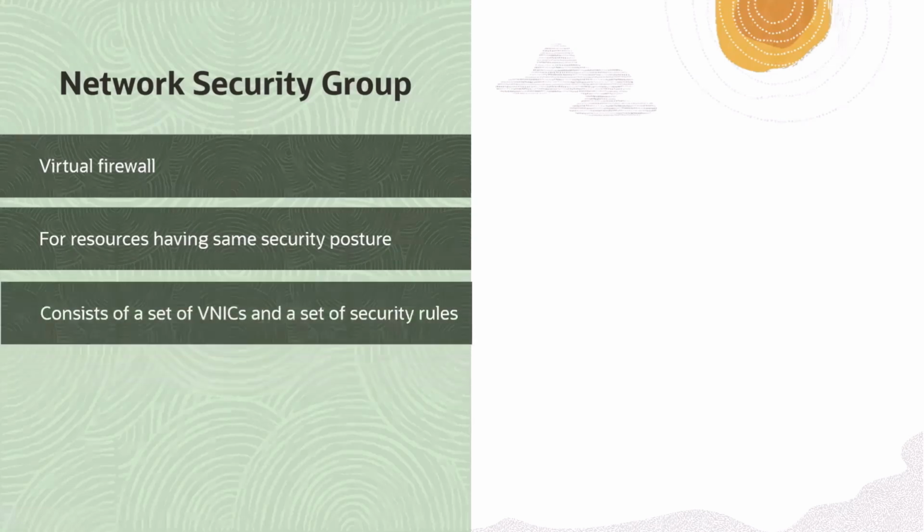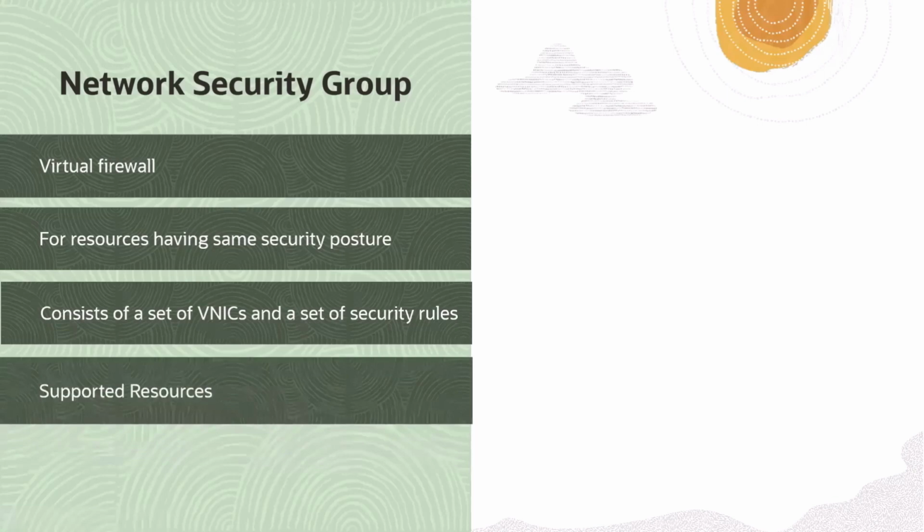Network security group basically consists of 2 items. The first is the set of VNICs with which this can be associated. And the second is a set of security rules, which will include both ingress and egress rules.